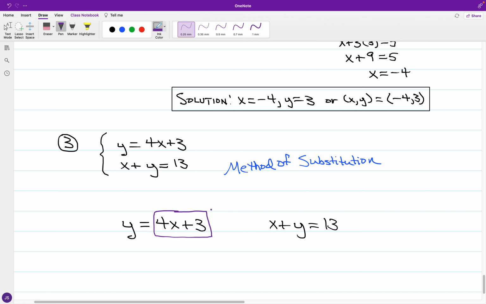And what I can do here is that for 4x plus 3, which defines the first y, I can take 4x plus 3 and plug in for y. So in this particular case, I'm going to be substituting 4x plus 3 for y, and set up the second equation where I can solve for x.